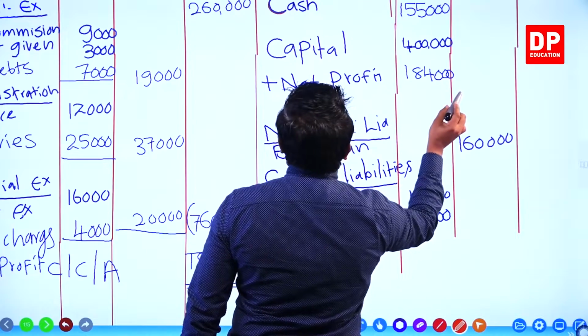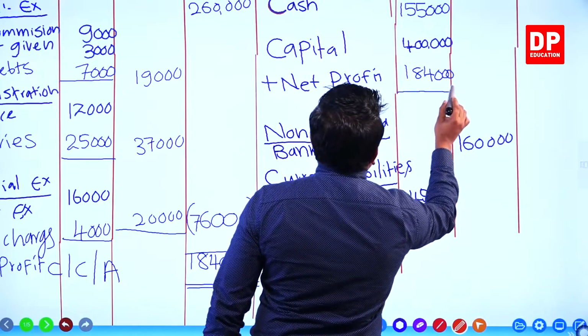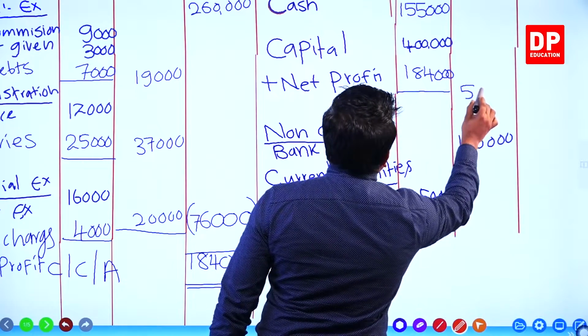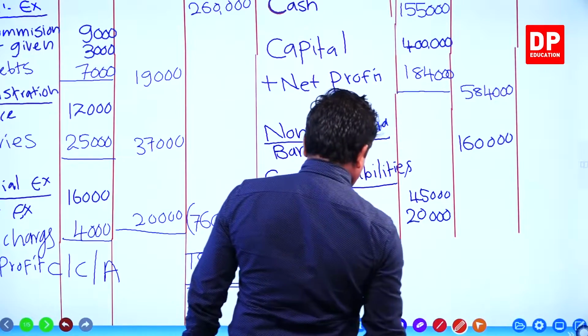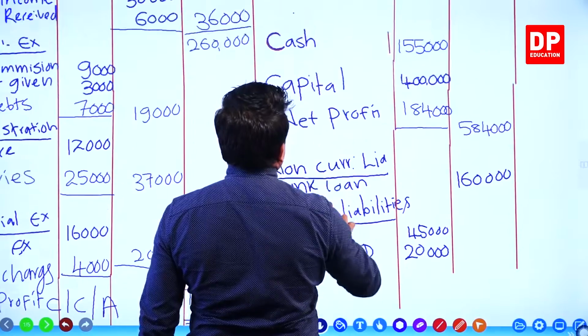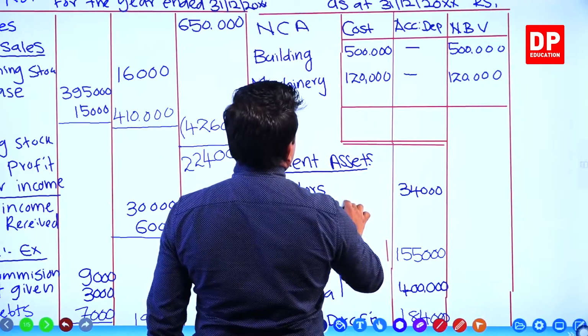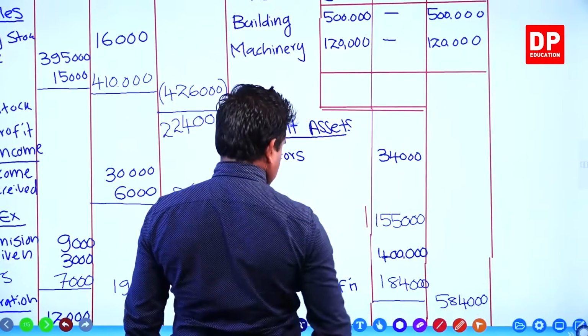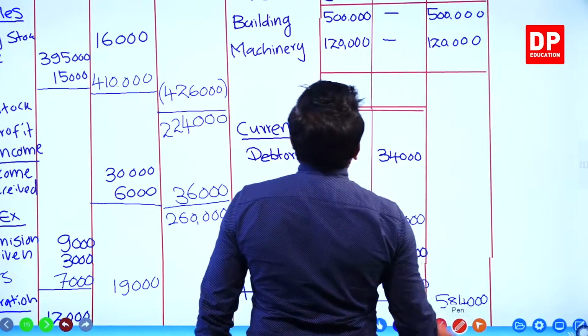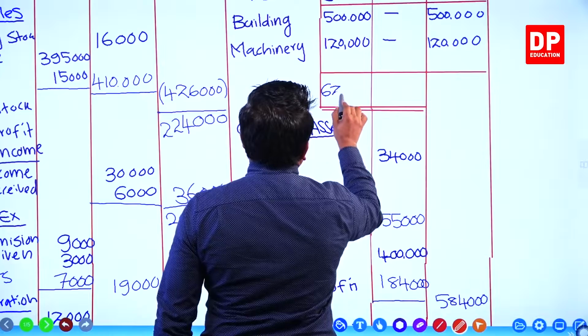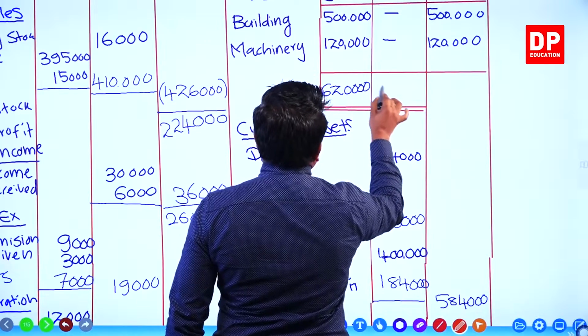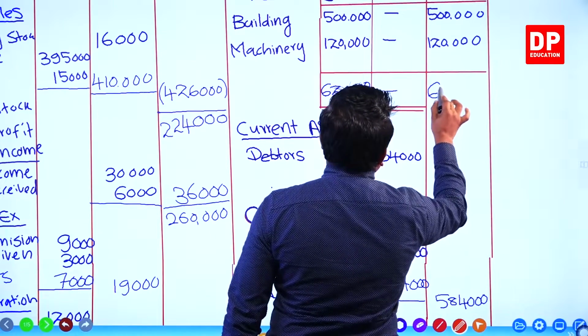Then how much? 584,000. Now we get the totals of the non-current assets, then current assets. Here how much? 620,000. Here also 620,000.